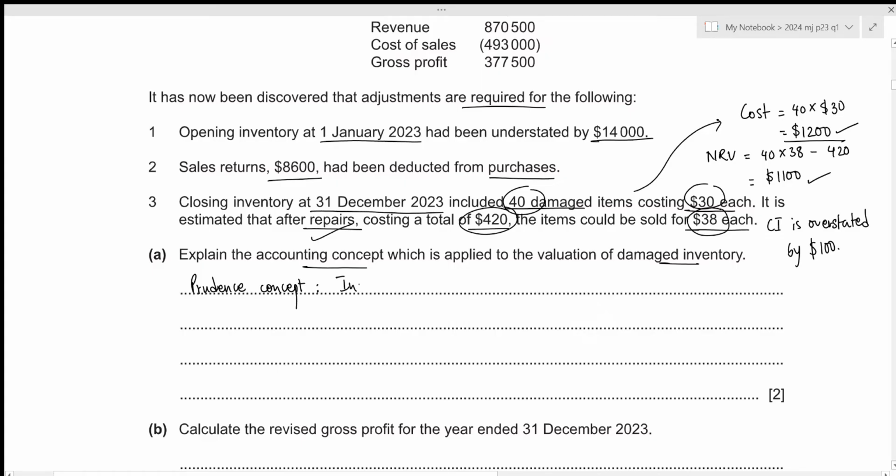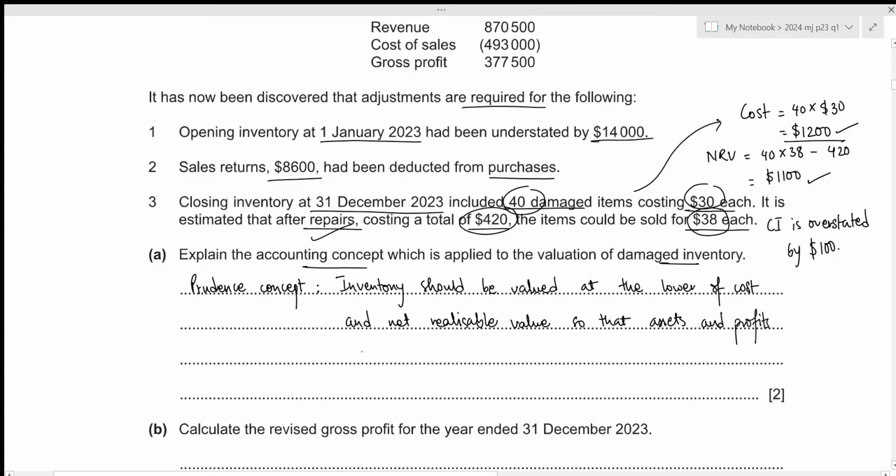And it states that inventory should be valued at the lower of cost and net realizable value so that assets and profits are not overstated. That is all for the first part.